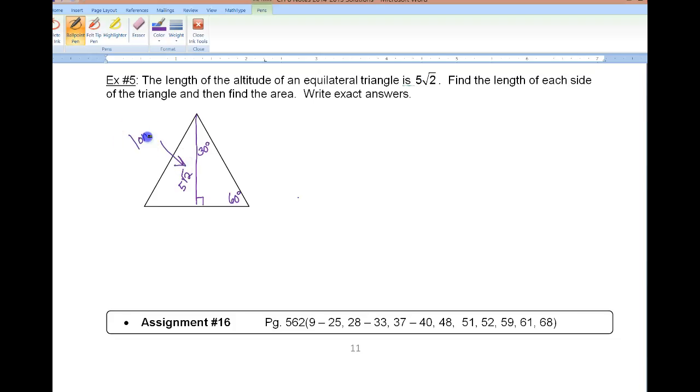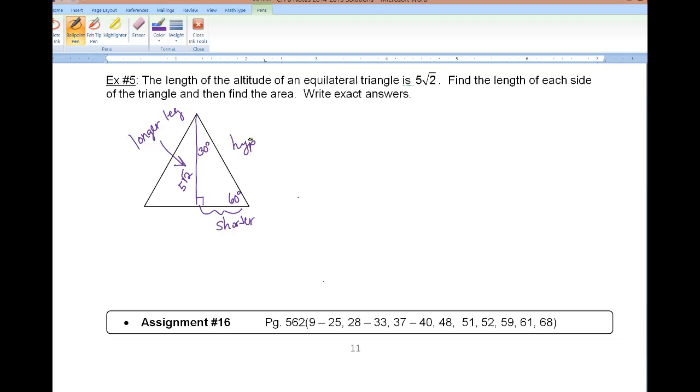This is the longer leg in a 30, 60, 90. This would be the shorter leg, and this would be the hypotenuse. Now we don't have a formula, you could come up with one relating the altitude to the hypotenuse, but it's easier to just find the shorter leg first.